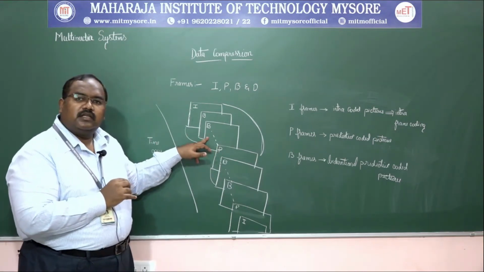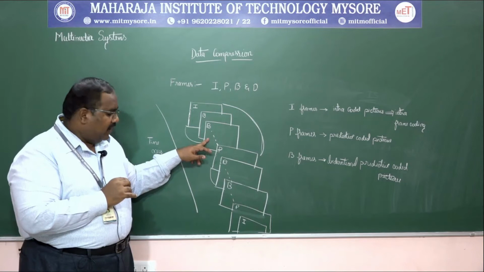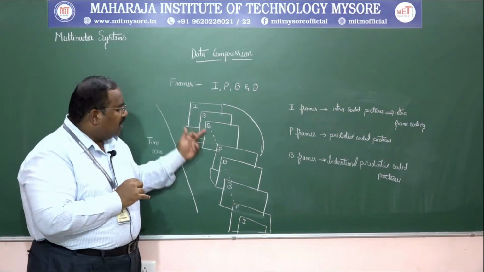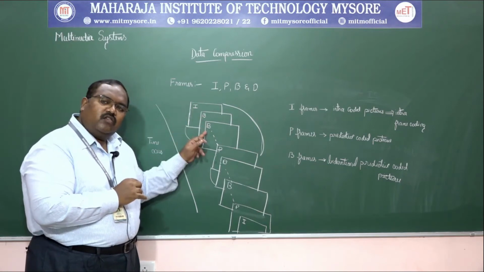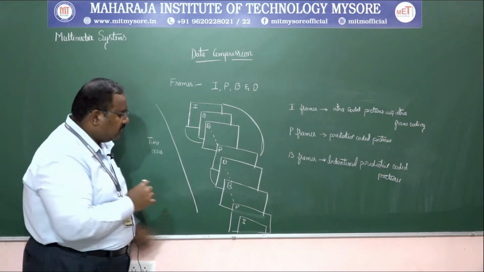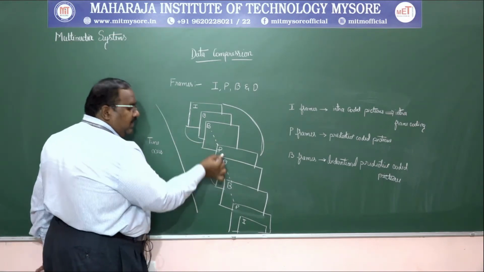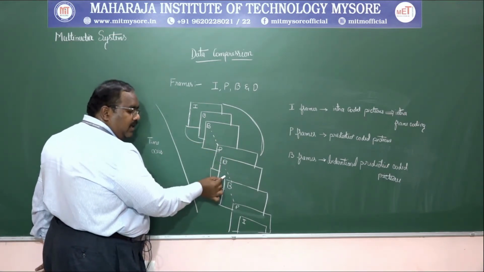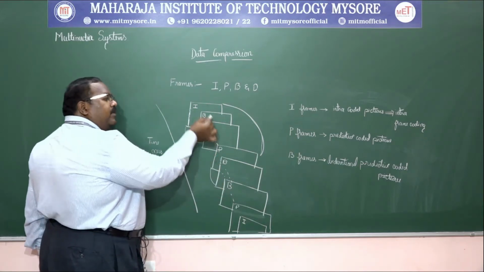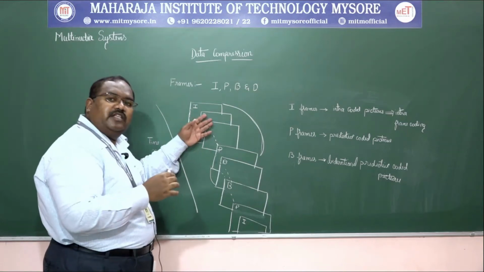Look at this. You can see a B-frame is directly associated with some of the B-frames at the previous and also some of the B-frames in the future appearance. See, look at this. There might or might not be, but here there is a future B-frame, but in this case there is a B-frame in the previous frame itself.